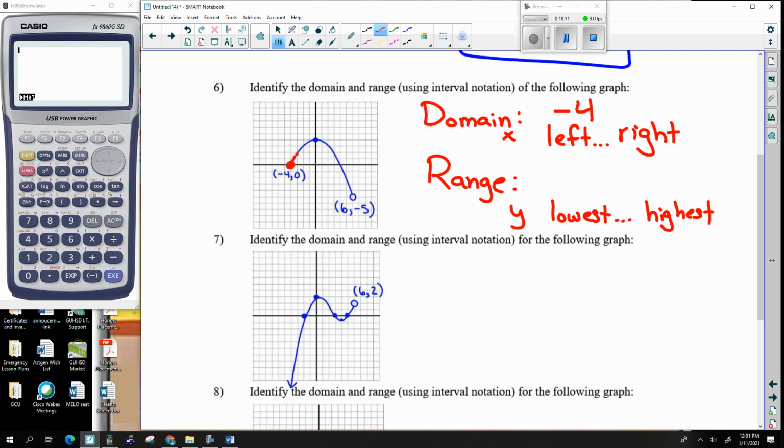I go along this path, going right, going right, going right, and there is the rightmost. The x coordinate of that is 6. So the domain is -4 to 6.